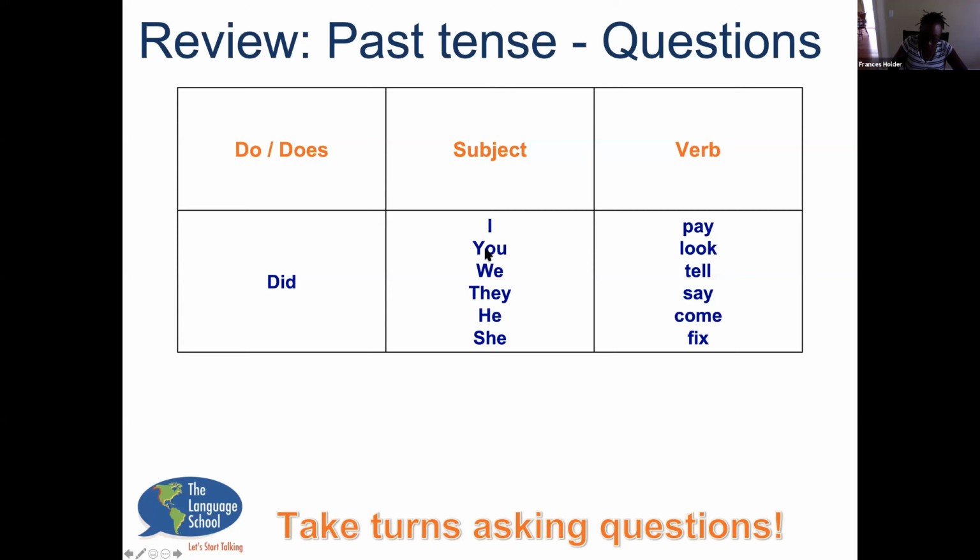Past tense of look. Look is a regular verb, so you just add ed. Past tense of look is looked. Just add ed. Past tense of tell. Tell is irregular. So past tense of tell is told.